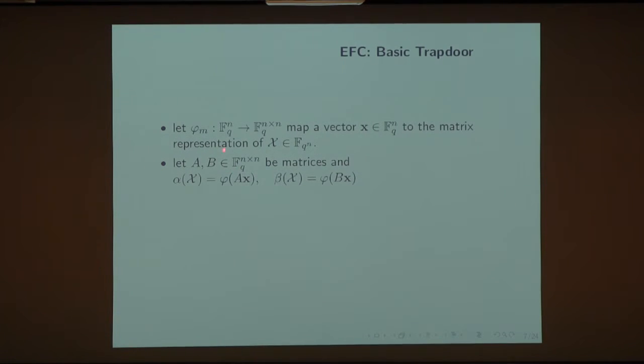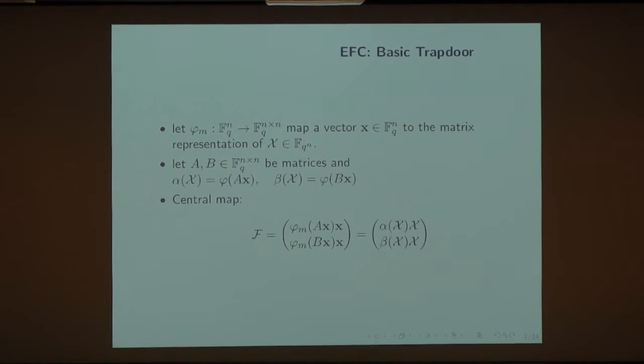So we choose A and B as random n by n square matrices, multiply the vector of indeterminates into this, and lift that to the extension field, and that's alpha of x and beta of x. Alpha of x and beta of x are essentially linearized polynomials.